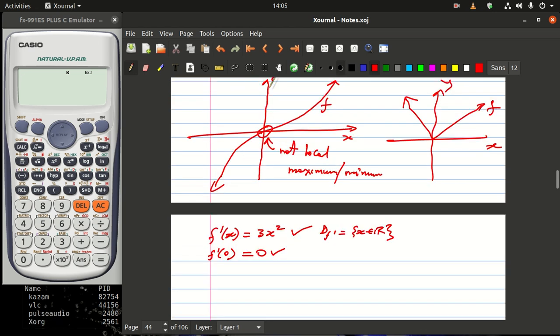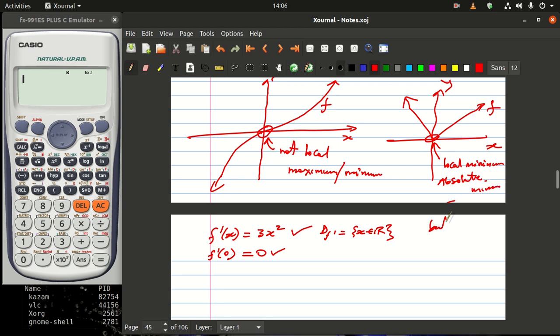And also, if you look at this particular function here, where we took the derivative, at this point we are having not only a local minimum, but also an absolute minimum.